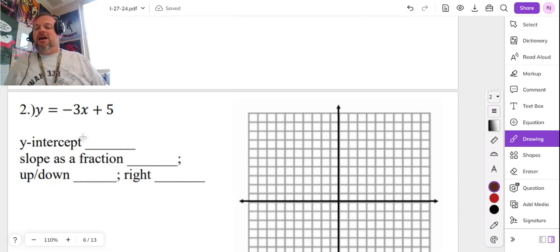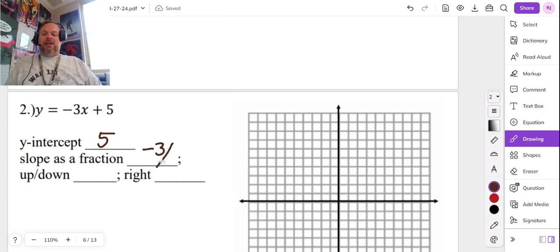All right, number 2. What is our y-intercept? 5. What is our slope as a fraction? -3 over 1. This tells us to go down 3 and to the right 1.